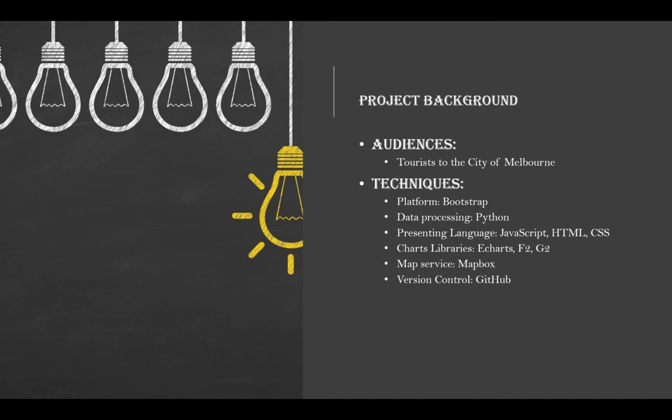We plotted charts with eCharts, F2, and G2 according to their characteristics to implement the desired style. We've also prepared locations on the map with Mapbox. GitHub is the tool we use to control versions and collaborate with each other. The repo is private because of academic integrity.